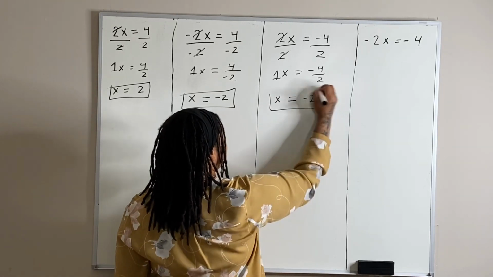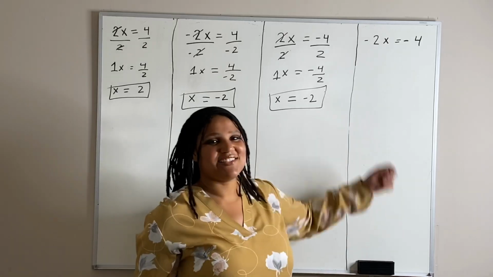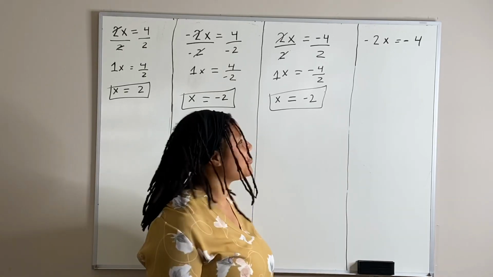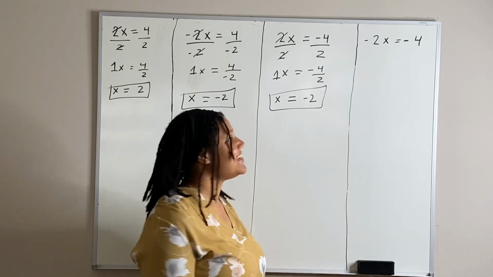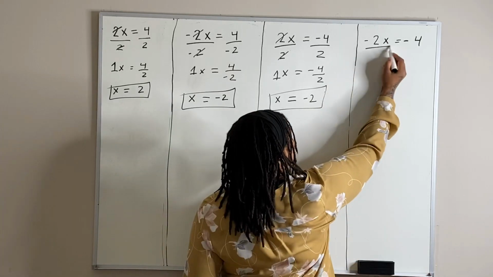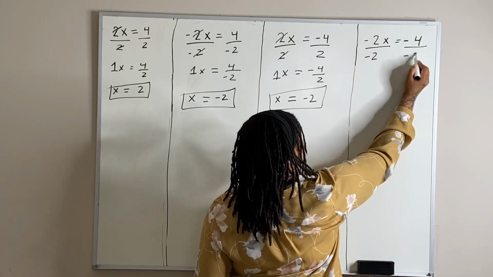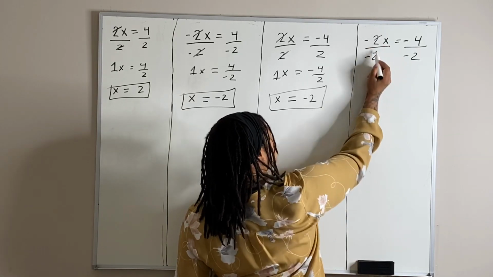Okay, and let's look at this last one over here. Again, we have a negative number. We want to isolate x. So we're going to divide both sides by a negative 2. The 2's cancel.